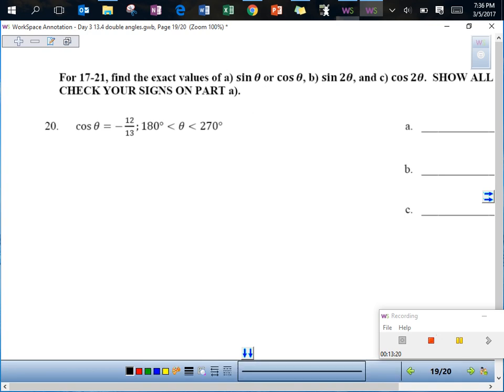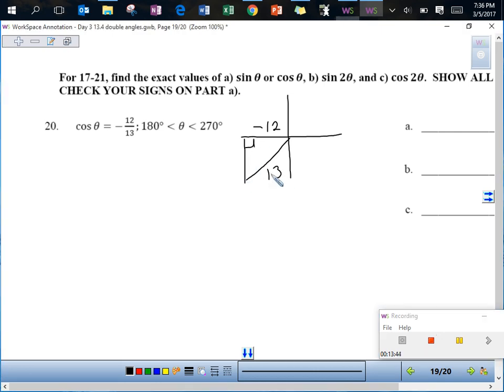So here goes our number 20. Cosine of theta equal negative 12/13. Theta is between 180 and 270 degrees. So something I know, I must be in the third quadrant. Cosine is the adjacent over the hypotenuse.